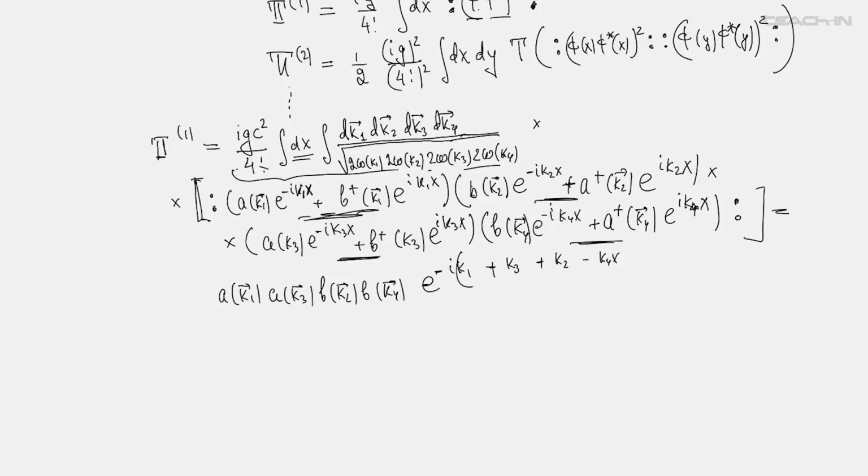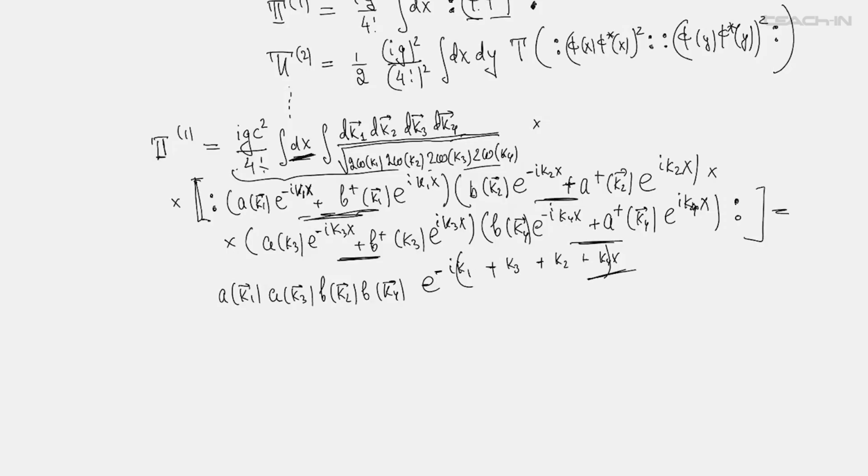Then, as you see, we can perform integration over x of this exponential. It will give us a delta function, and this delta function now splits into the delta function describing the conservation of energy, that corresponds to k1 0 plus k3 0 plus k4 0 plus k2 0 equals 0, and then the conservation of 3-dimensional momentum.